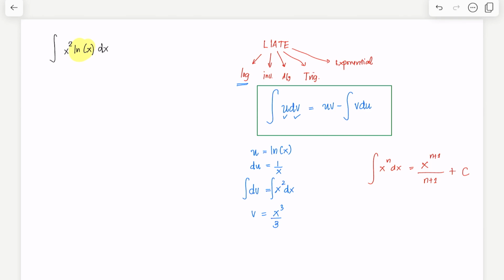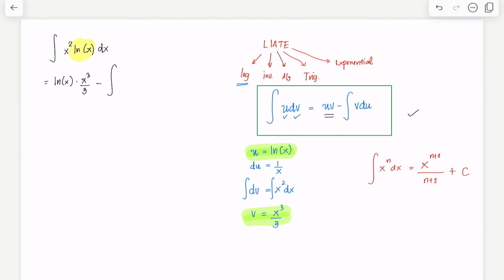Alright, so now that we have identified our u and our v, which is very important, I can now rewrite the integral above. That integral above will simply be uv. So my u is the ln of x, and the v is x cubed all over 3. So I'm done with uv, and based on this, I should get negative of the integral of v du.